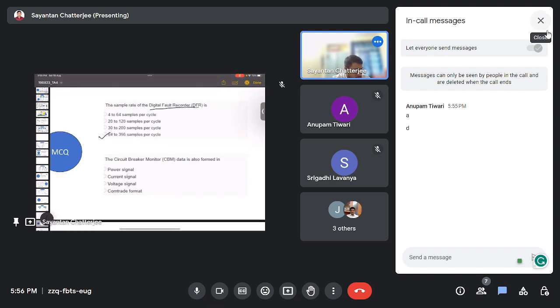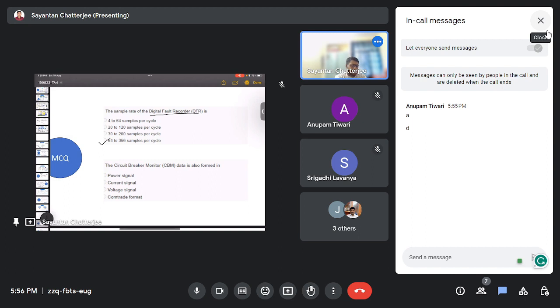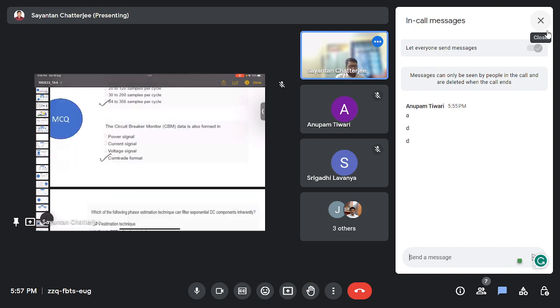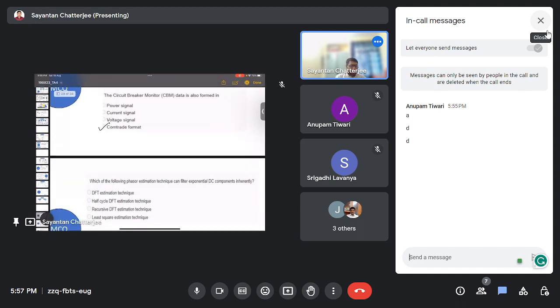Correct. This one: circuit breaker monitoring data is also formed in COMTRADE format. Yes, D is the right answer. Which of the following phasor estimation techniques can filter exponential decay components inherently?